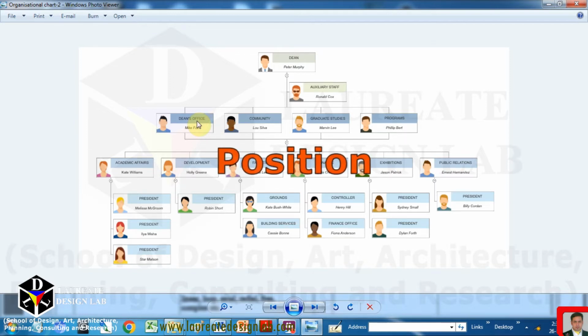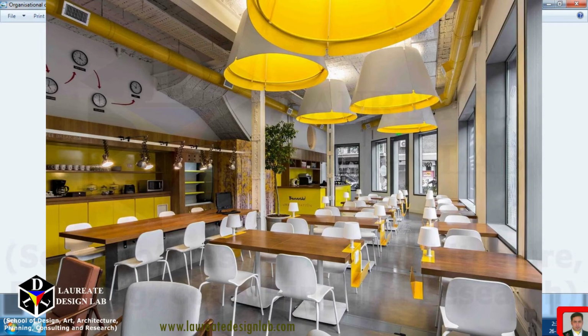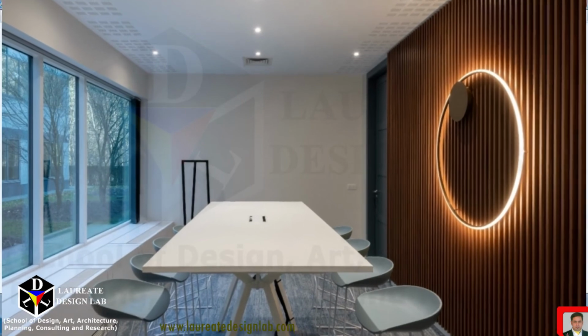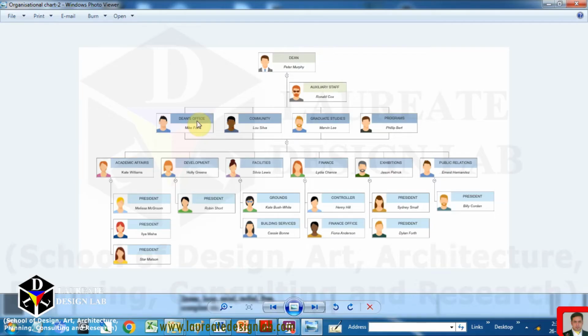The space is going to be occupied by specific positions. Some spaces are open for all, like breakout zones and meeting rooms.